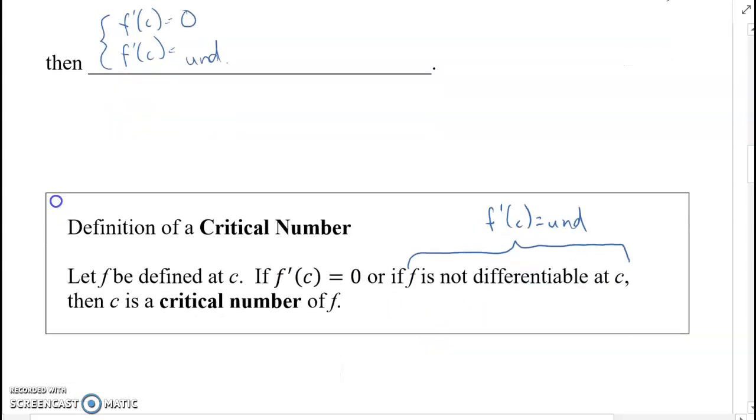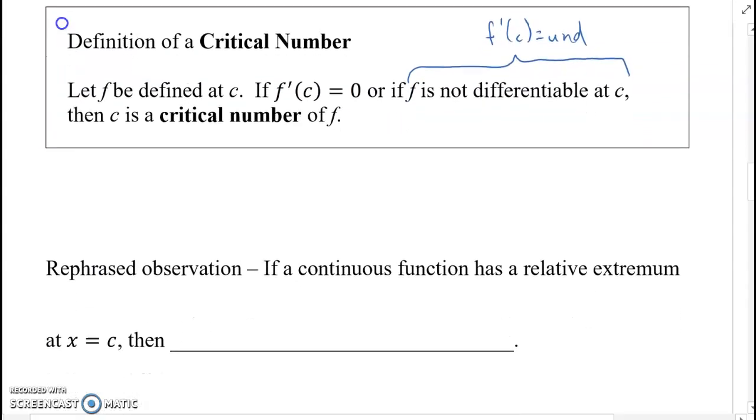Well, then we can reword that observation. Instead of saying either this thing or that thing, we could just say, then c is a, you guessed it, critical number of f. Every single time.